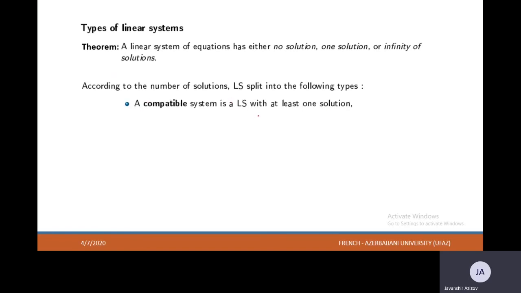If a linear system has at least one solution, then it is called a compatible system. If a linear system has no solution, then it is called an incompatible or contradictory system.